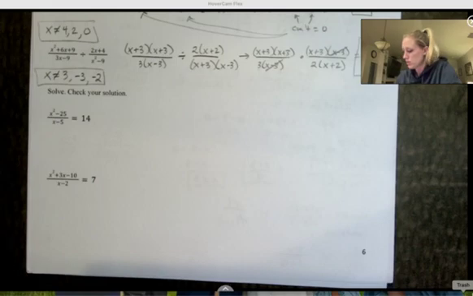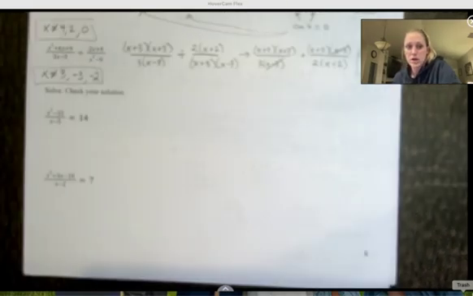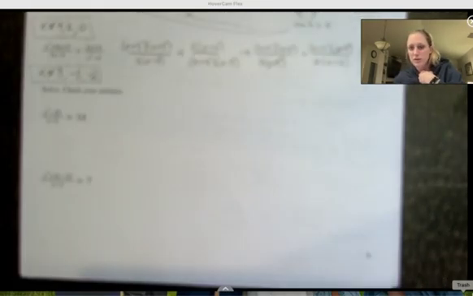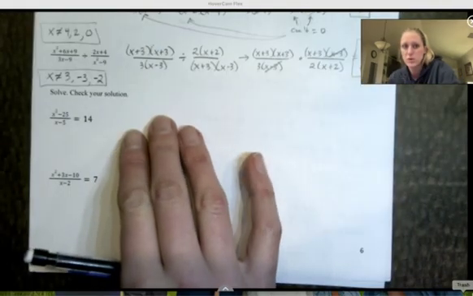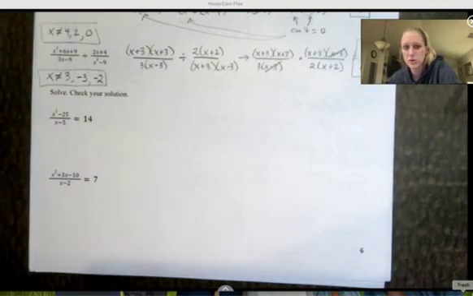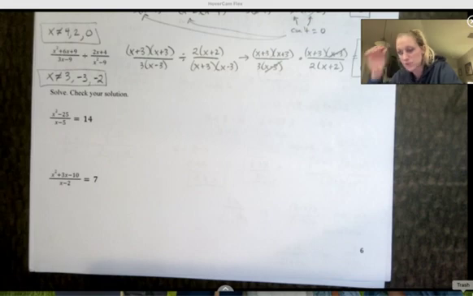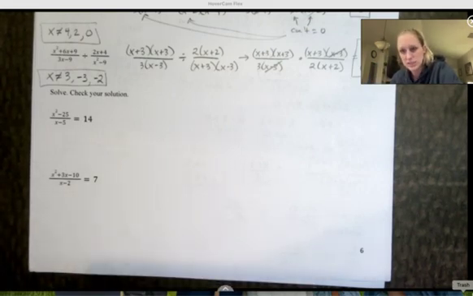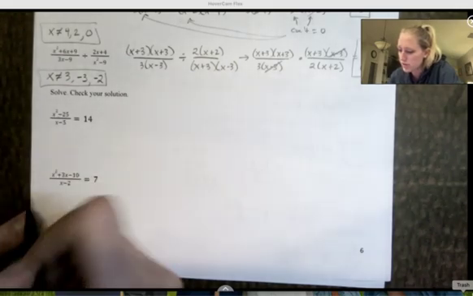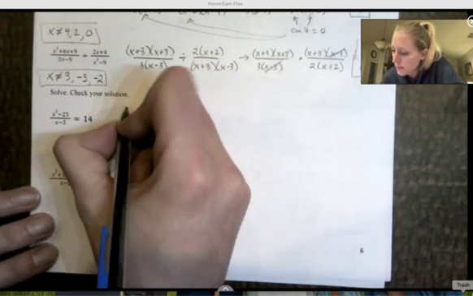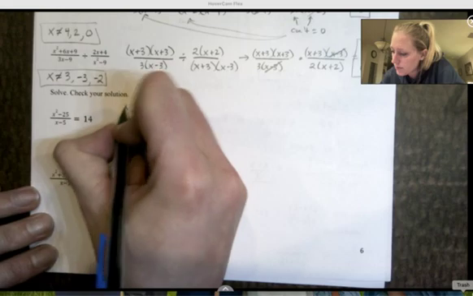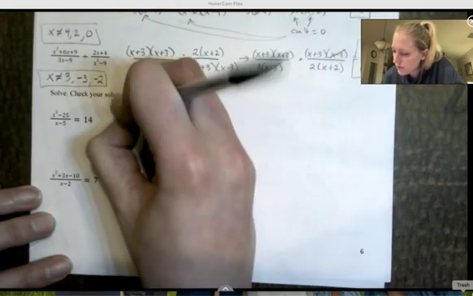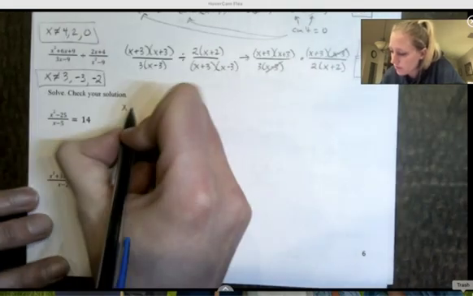Okay, last part of this video, you guys, we're going to do some solving. Okay, so here we want to check our solution. So what I'm going to do here is I'm going to get rid of the fraction. What I'm going to do is I'm going to factor first because I can simplify. So this factors into x plus 5, x minus 5, difference of squares.